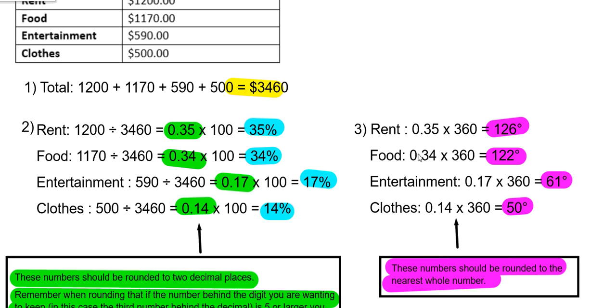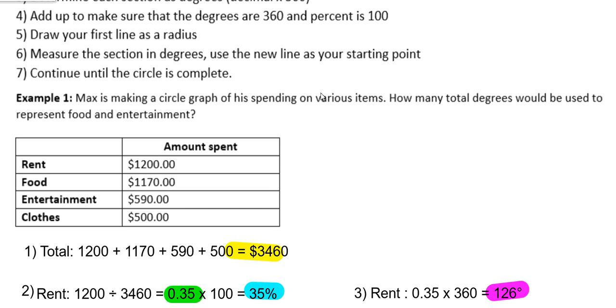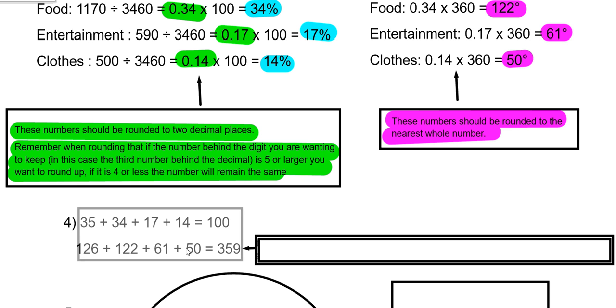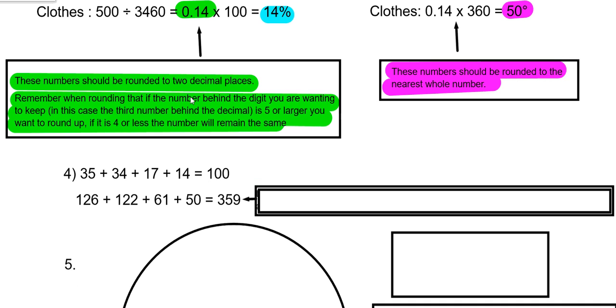Now, we can check to make sure that our math calculations are correct, which is what step 4 is going to tell you to do. It's going to say add to make sure that degrees are 360 and percent is 100. So if I take 35 plus 34 plus 17 plus 14, that gives me 100. I know that my step 2 math was correct. However, my step 3 math is off by a little bit.